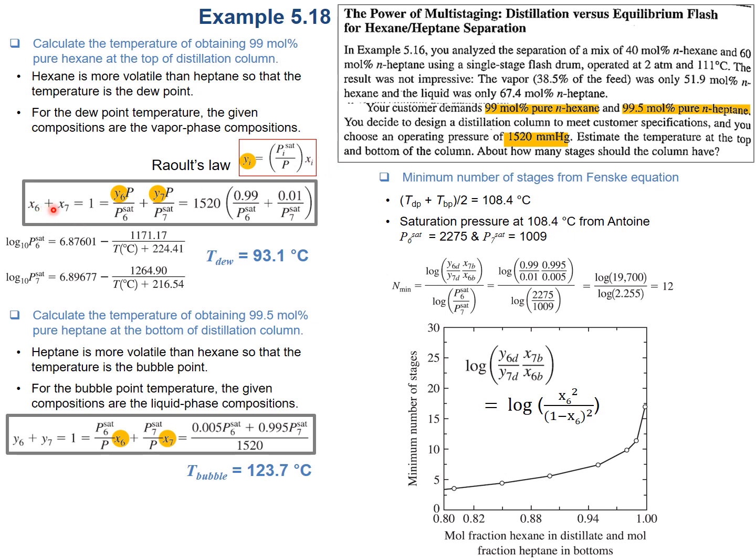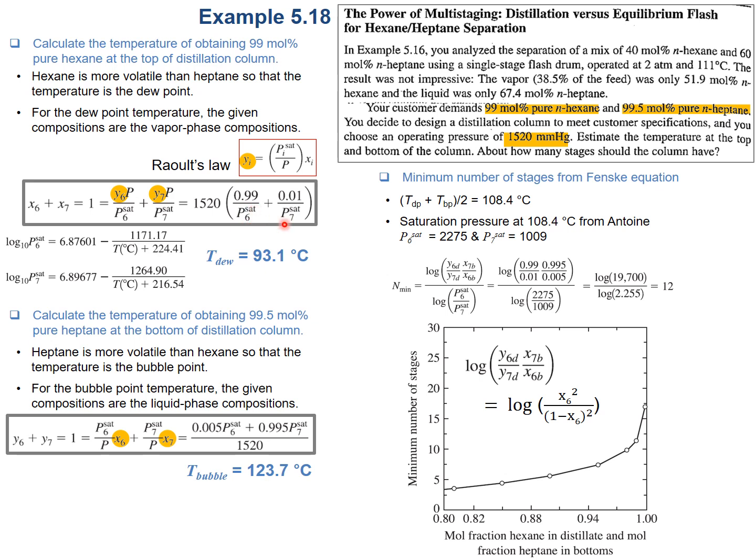So X6 plus X7 is equal to 1, and these liquid phase compositions are converted to vapor phase compositions, where Y6 is 0.99, 6 standing for hexane, and Y7, 7 standing for heptane, is 0.01. Then the total pressure is 2 atm, and the saturation pressure for each species comes from the Antoine equation.